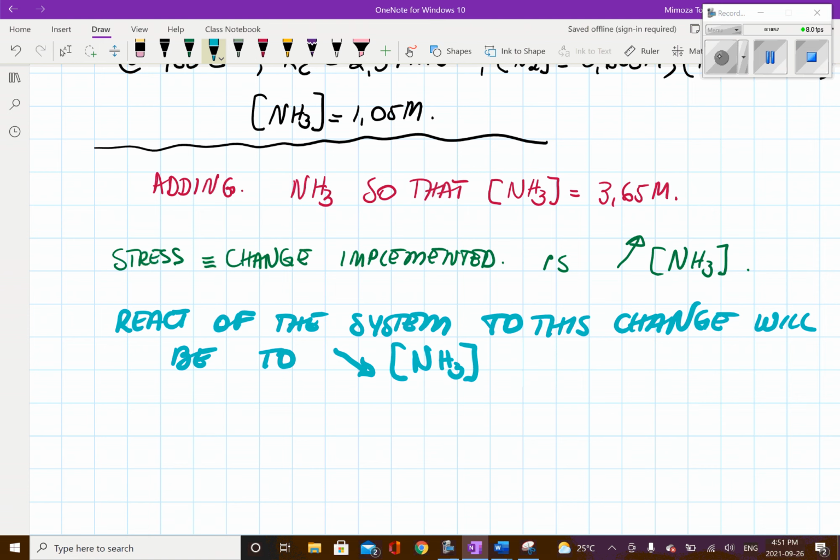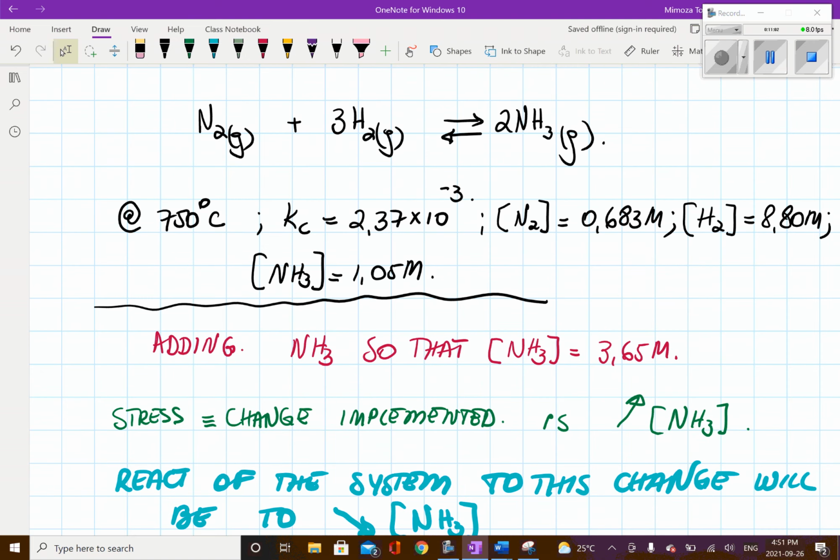The concentration of NH3 has to decrease. How is it going to decrease the concentration of NH3? By going in the other direction, by decomposing NH3 into N2 and H2.